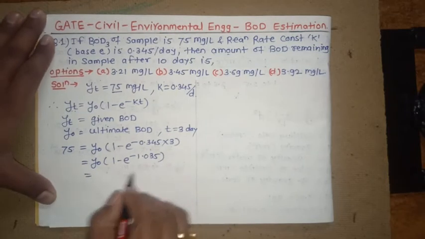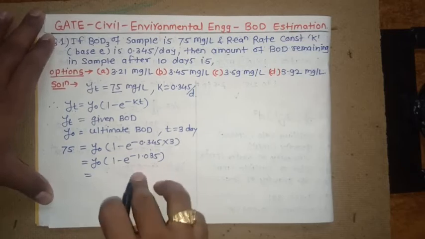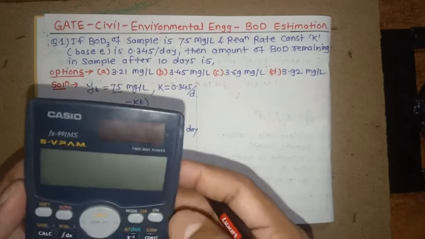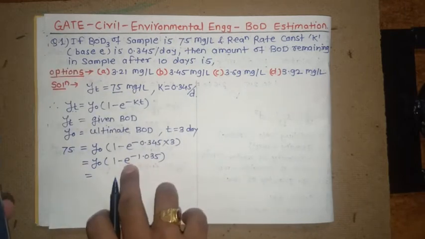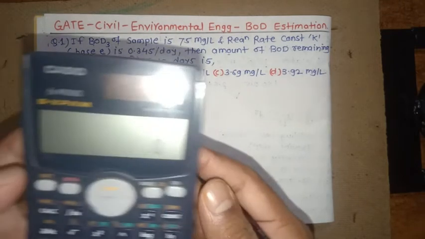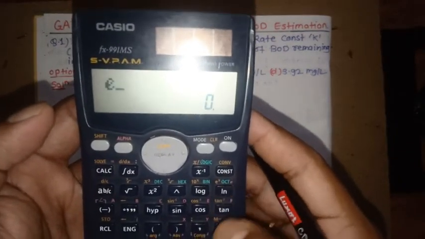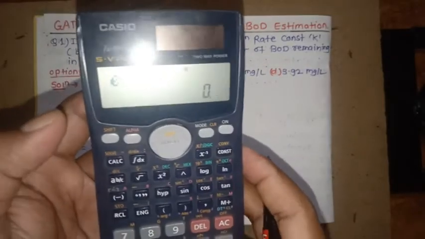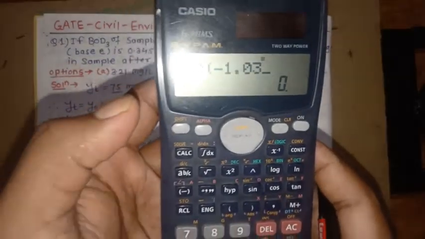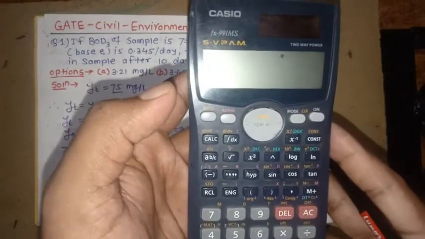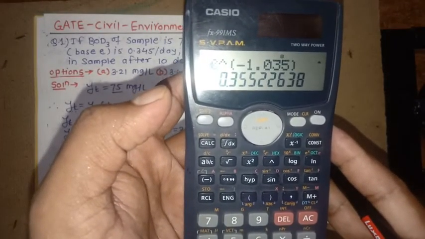Okay, now we have to calculate this e raised to. For example, to calculate e raised to, press alpha, then e raised to in bracket minus 1.035, bracket complete, equal to, so it is 0.355.